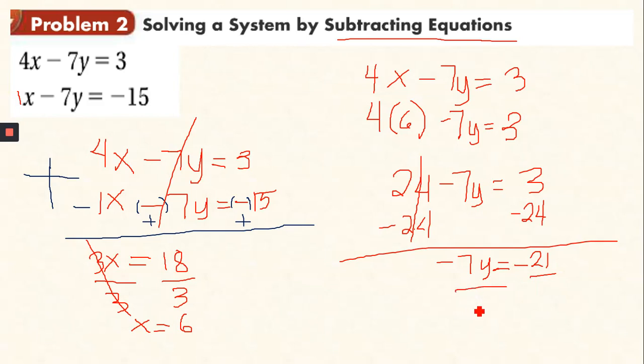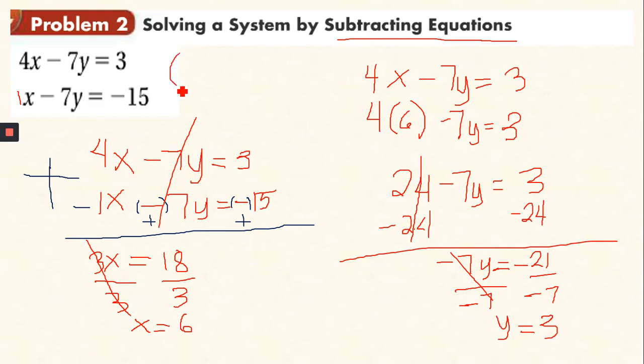Dividing both sides of the equation by negative 7. Negative 7 divided by negative 7, that is positive 1. So you now have y is equal to negative 21 divided by negative 7, that is equal to positive 3.